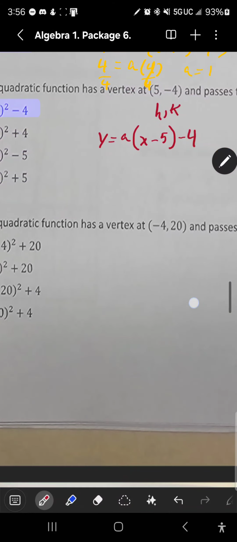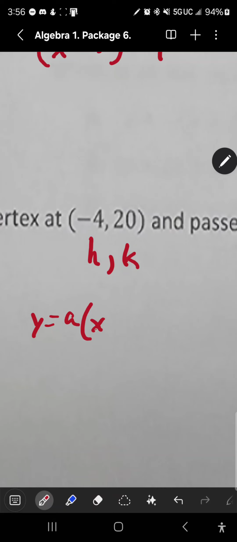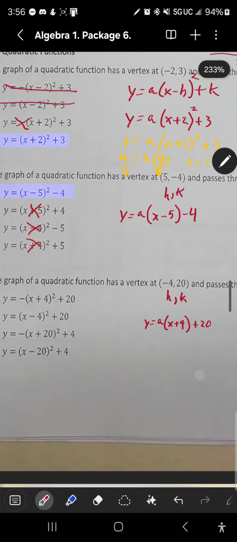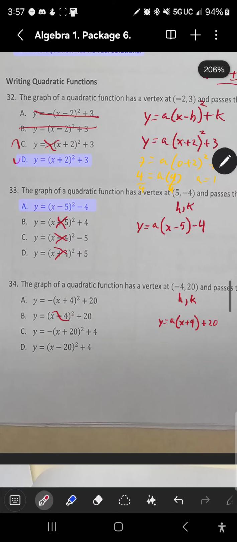Now the quadratic function has a vertex. Again, we look at the vertex, this h comma k. And so it will be y equals a(x minus h), so x minus negative 4, which is just x plus 4, plus k, so plus 20. Let's look, plus 4, plus 20. This is wrong, this is wrong, and this is wrong. So it has to be this one.